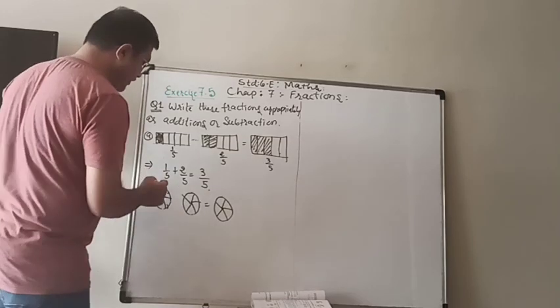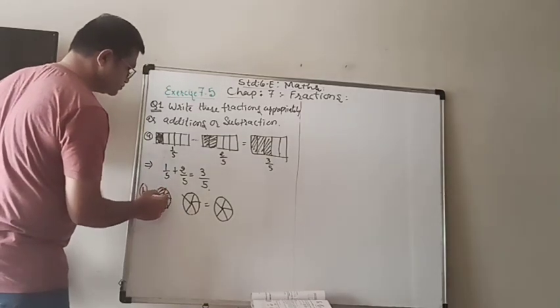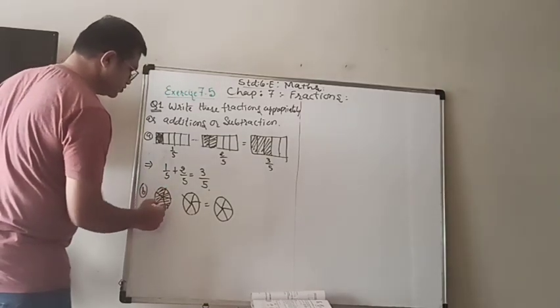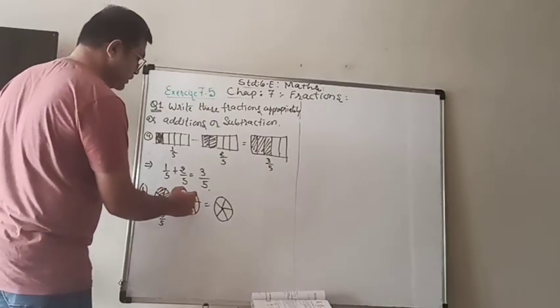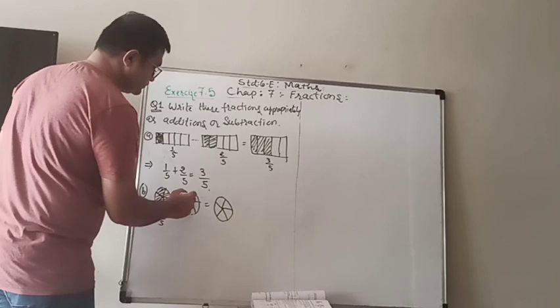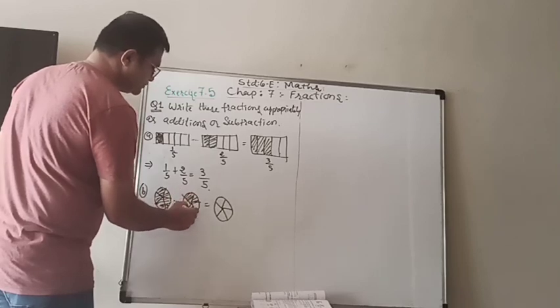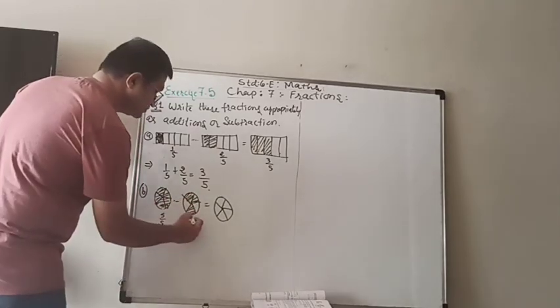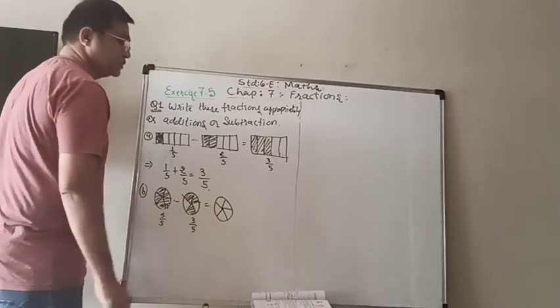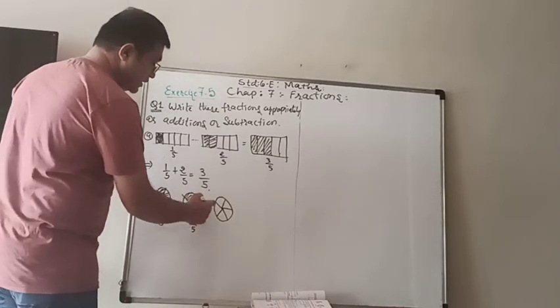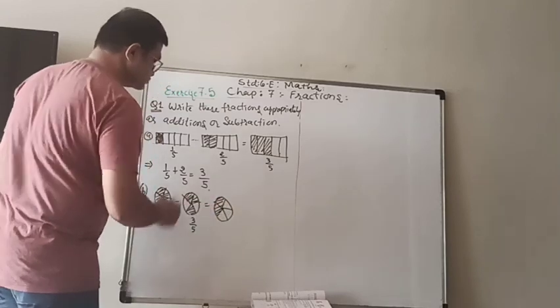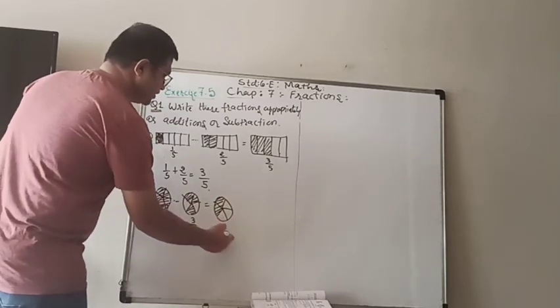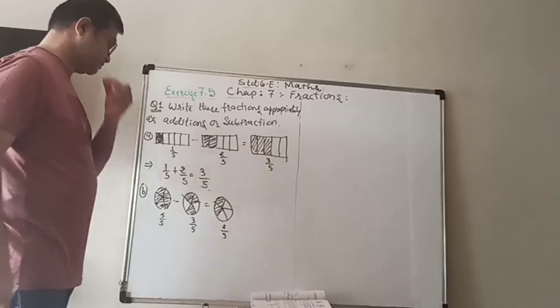Here all the 5 parts are shaded. So it represents 5 upon 5. Here 1, 2 and 3 parts, so that is 3 upon 5, and here only 2 parts are shaded. So it represents the number 2 upon 5.